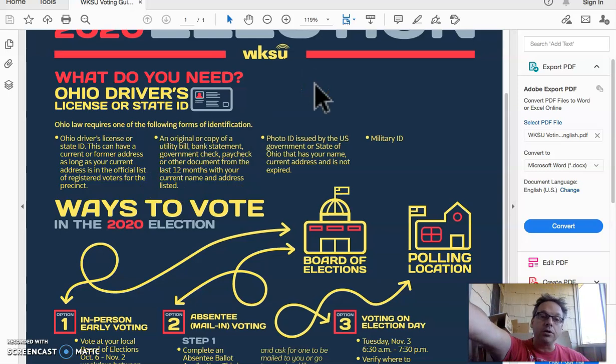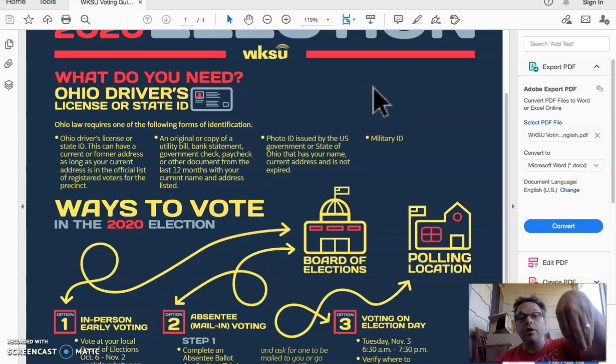So I went to vote. My driver's license had a former address, my previous address. I had to run out to the car and get something. I got my registration for my car, which counts, right? That's another document with my current address, and I took that in, right?